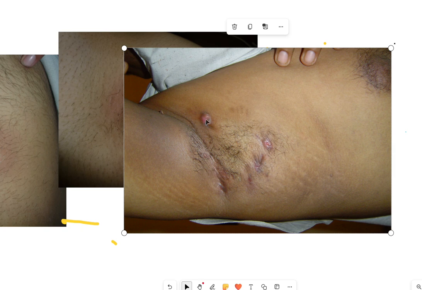So you get multiple infections of the hair follicles, and they form abscesses, and sometimes you get tunnels between the two of them, and this goes on and off for a long time. You get scarring, and sometimes because of the scarring there may be difficulty in abducting the arm.